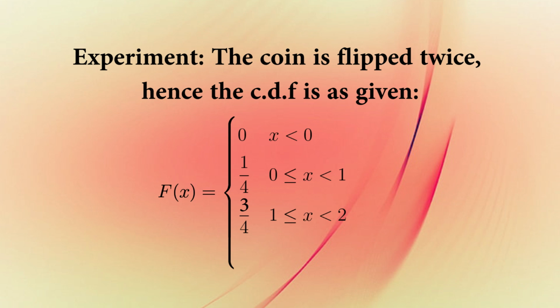F(2) is equal to the probability of X less than or equal to 2, which is equal to the probability of X equal to 0 plus the probability of X equal to 1 plus the probability of X equal to 2, which is equal to 1 by 4 plus 2 by 4 plus 1 by 4, which is equal to 1.